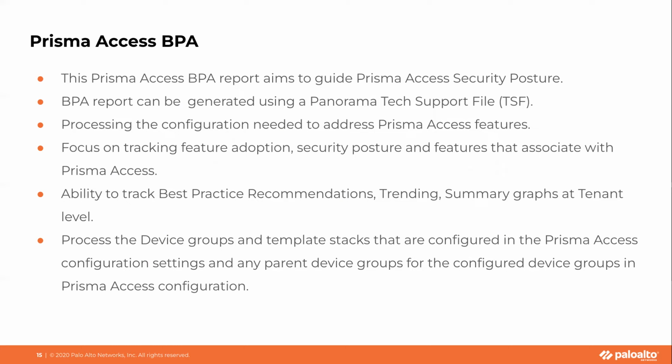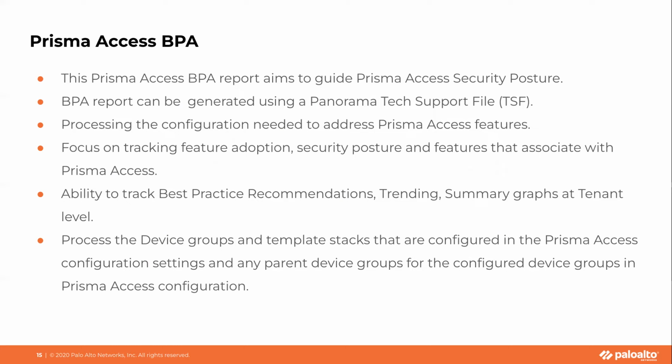The Prisma Access BPA report aims to guide your Prisma Access security posture. This report can be generated using Panorama's tech support file. It will process the configuration needed to address the Prisma Access features. It focuses on tracking feature adoption, security posture, and features which are associated with Prisma Access.